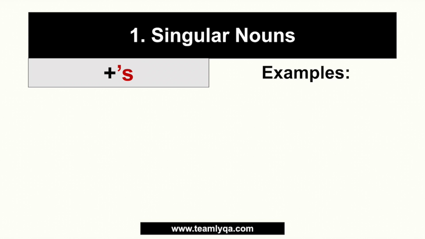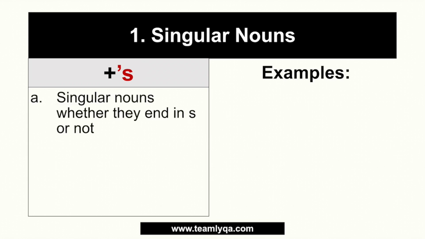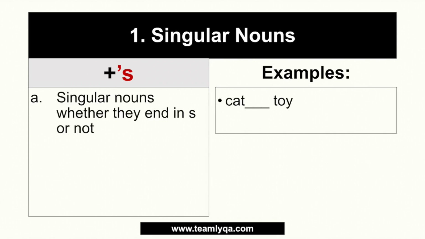So, let's start with yung plus apostrophe S. You use it for singular nouns, whether they end in S or not. So, for example, cat, toy, octopus, food. So, ano yung tawag dun sa toy ng cat? Dahil yung cat, okay, ay nag-end with a T, at siya ay singular noun, at hindi siya proper noun. At yung octopus ay same thing.